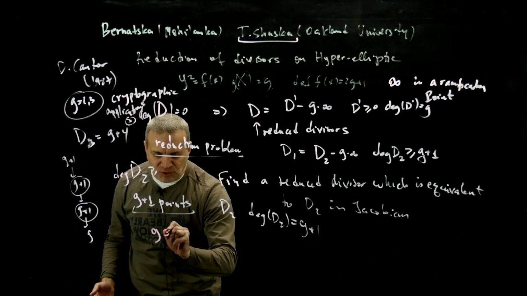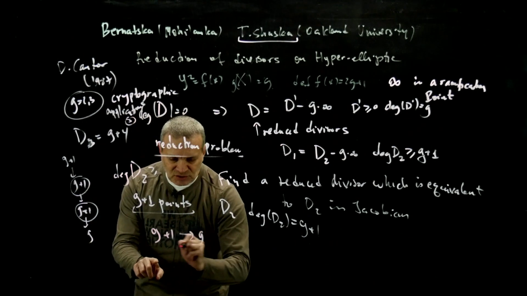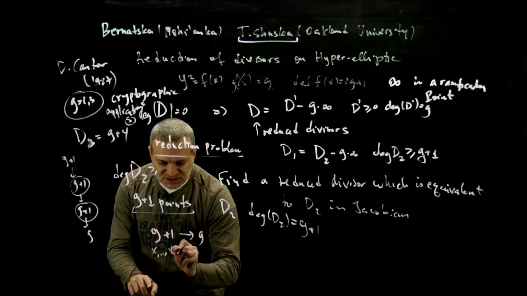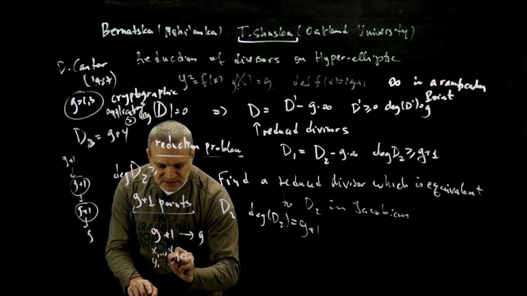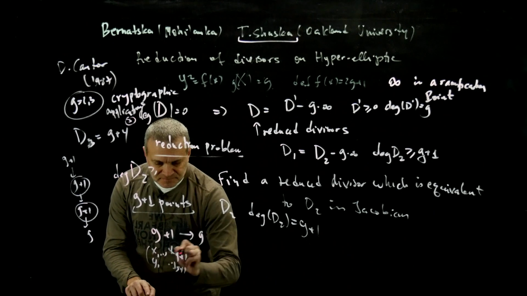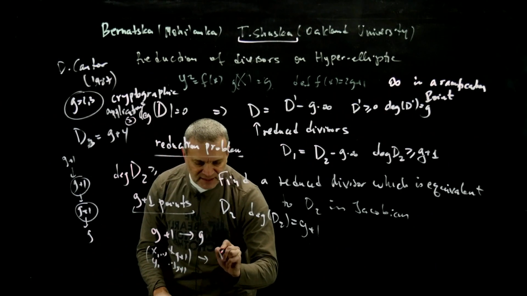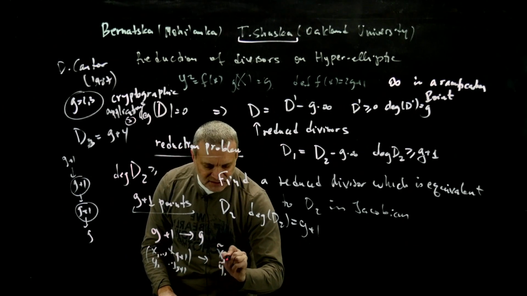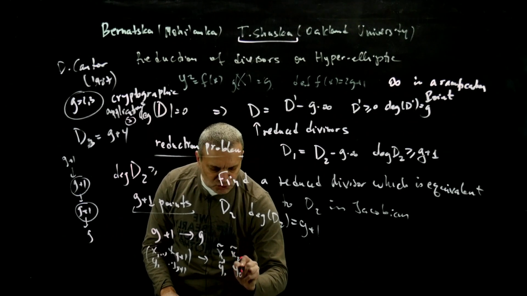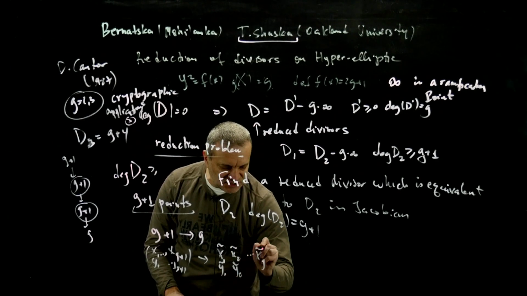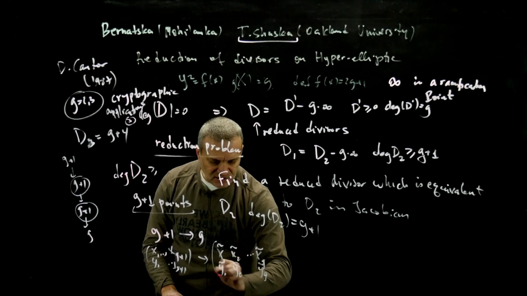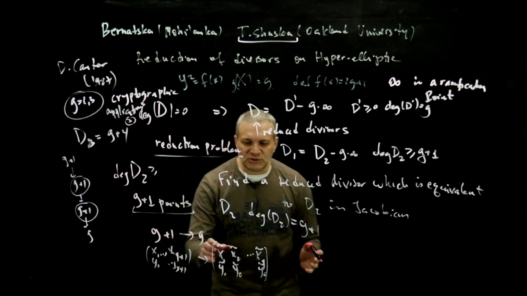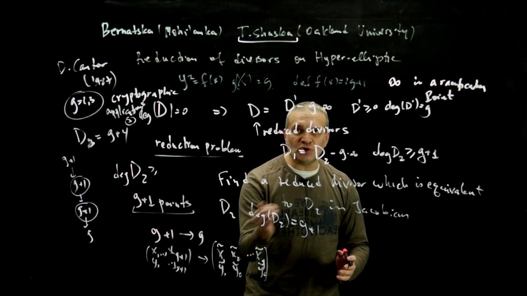So if you have g plus 1, then you reduce it to g. So let's say this is x1, y1 through x(g+1), y(g+1). And now you reduce it to x1 tilde, y1 tilde, x2 tilde, y2 tilde, and so on, up to xg tilde, yg tilde. It seems like you need to know those points to continue, right?